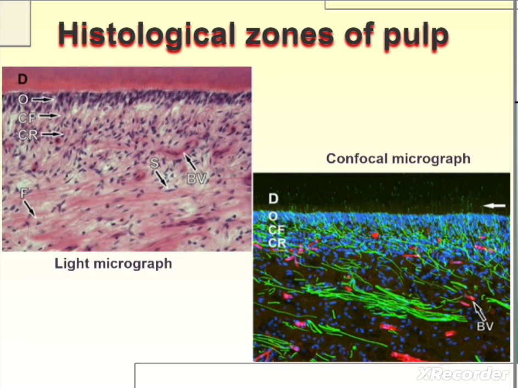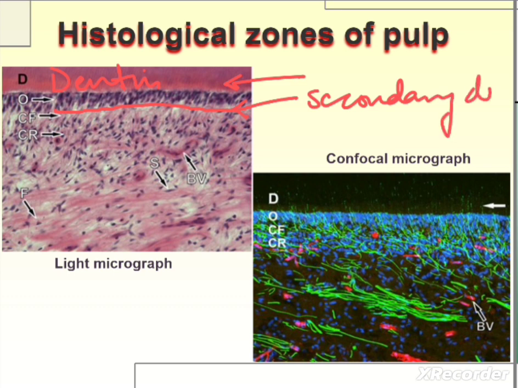So in this diagram, you can see the histological zones of pulp. So this is the dentine. This is the odontoblastic layer or the outermost layer. You can see numerous odontoblastic cells lining near the dentine and they produce secondary dentine. Okay. Then we have the cell-free zone.